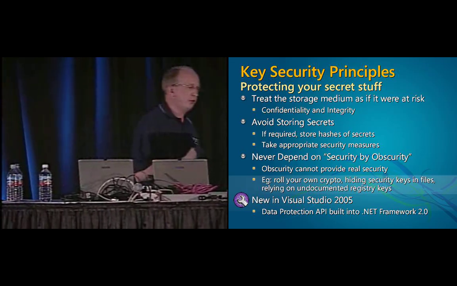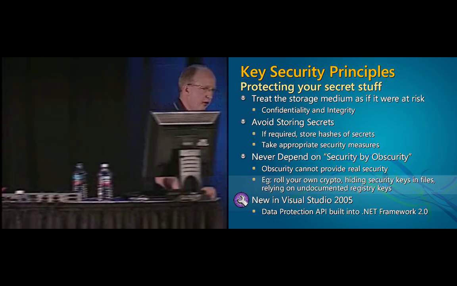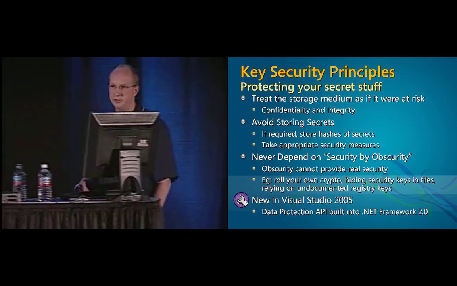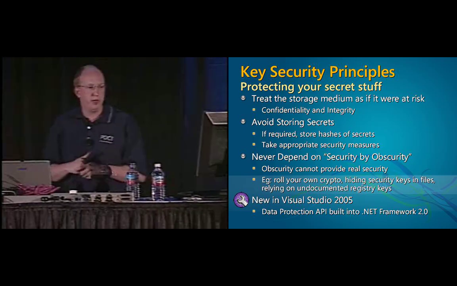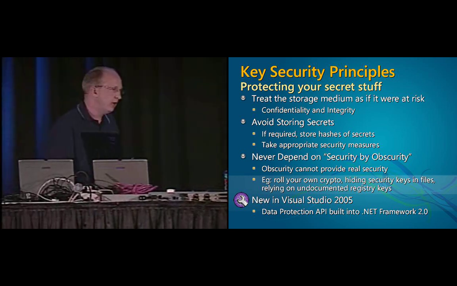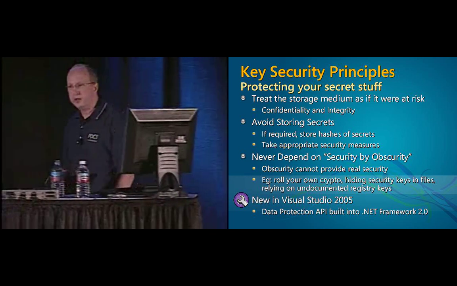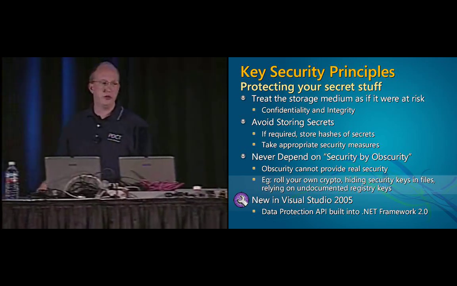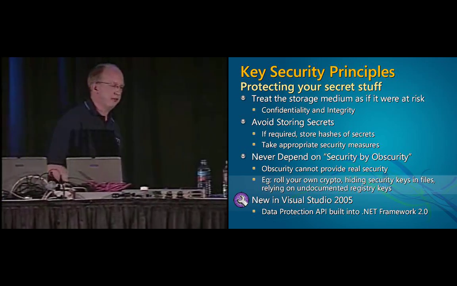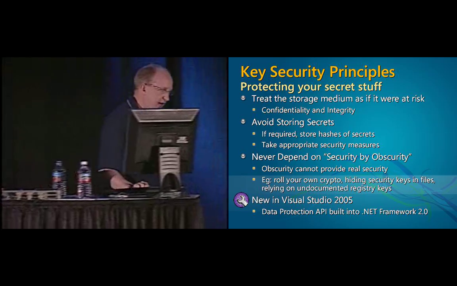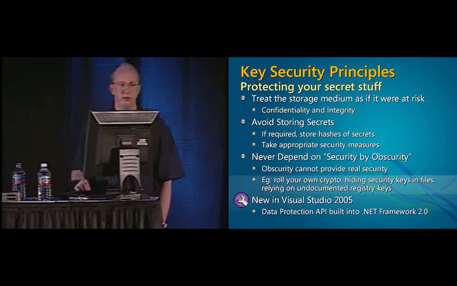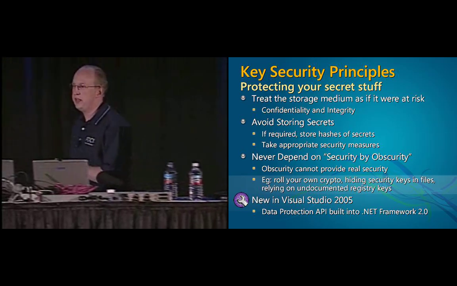The good reason was, when we wrote this 10 years ago, it wasn't really in the platform for us, so we had to do it ourselves. The really bad reason was they said, well, if no one knows what security algorithms or crypto algorithms we're using, then no one can hack us. And I said, well, for a start, what about your 10,000 previous employees? What about the guys you downsized last year?